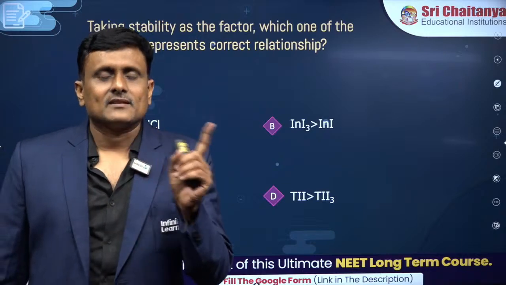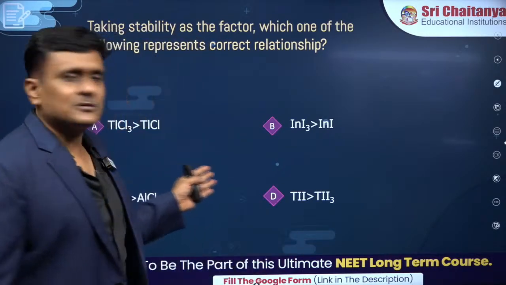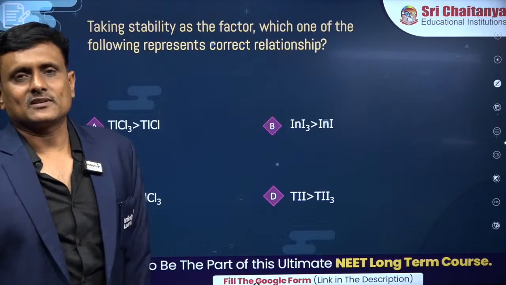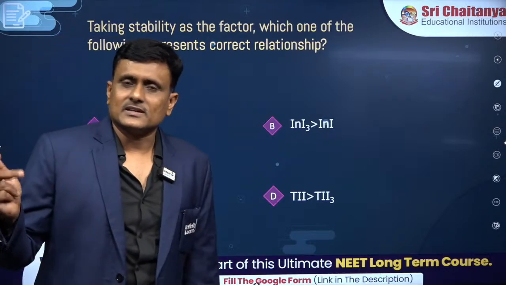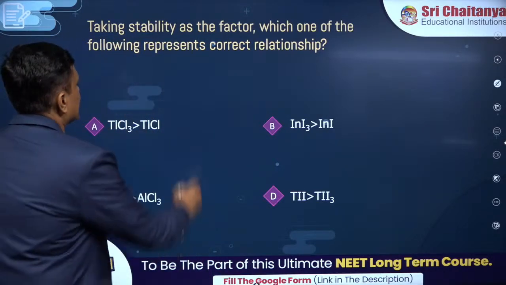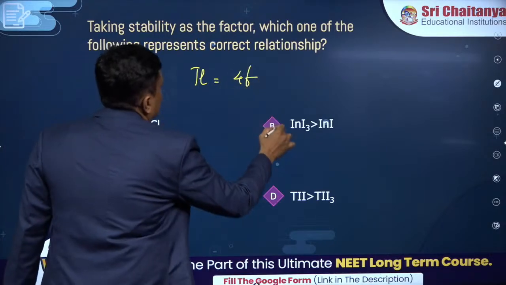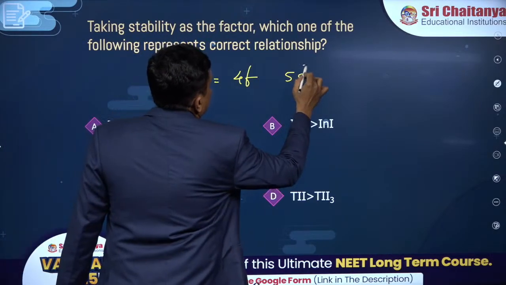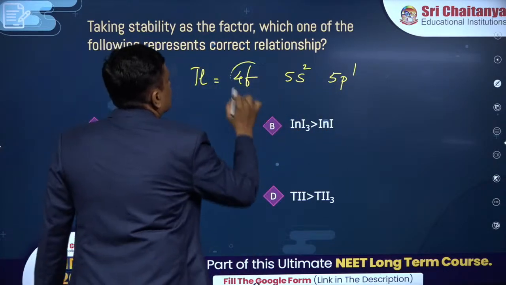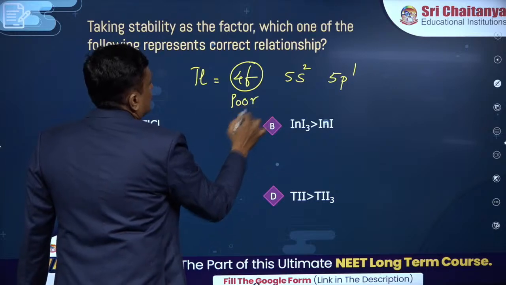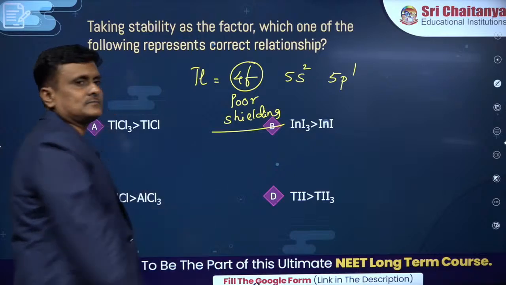So inert pair effect. What is it? Here you can see third group element is being spoken about. As we go down the group, especially boron, aluminum, gallium, indium and thallium. When it comes to thallium, you know that the 4f orbitals are going to show very poor shielding, isn't it? We have studied, right? This shows very poor shielding effect.